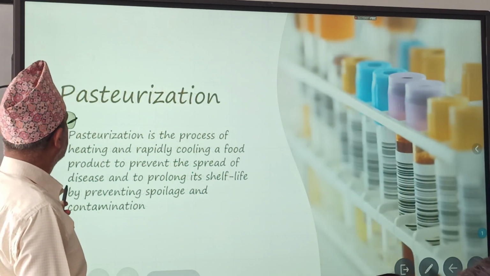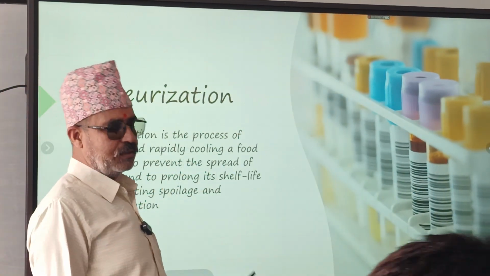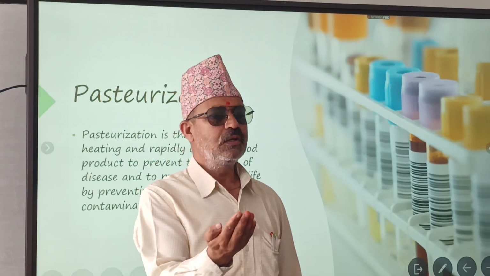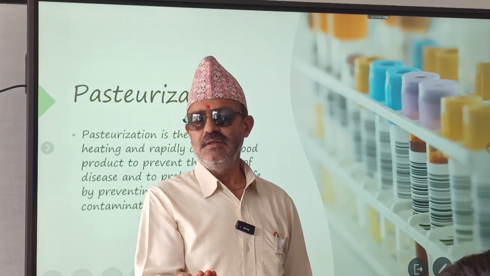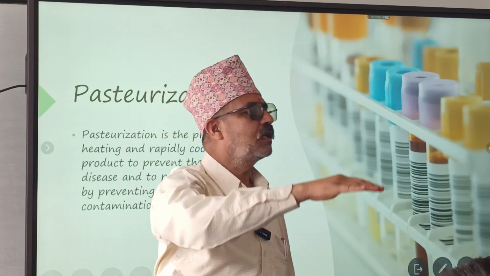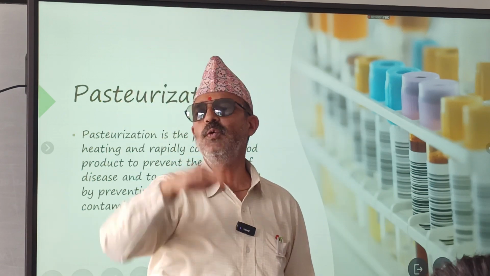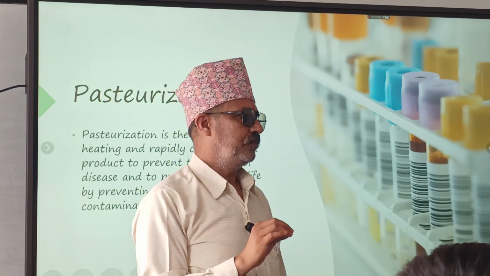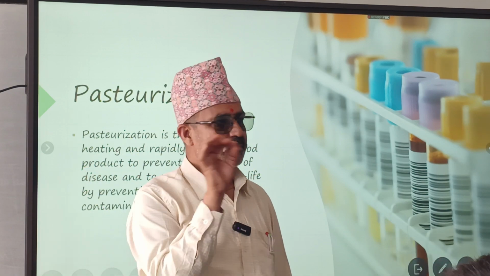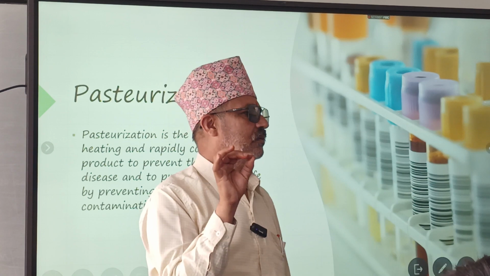What is the next one? Pasteurization. Pasteurization means heating the substance up to a very high temperature, and again cooling it to a very low temperature. Heating and cooling. Especially milk. Do you buy that pouch milk? It must say pasteurized milk.